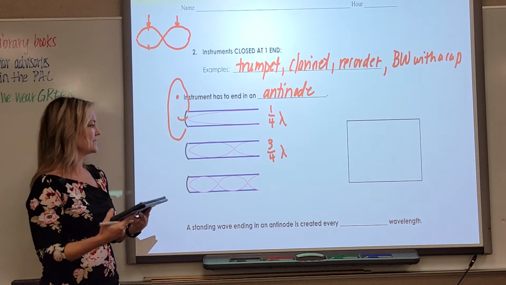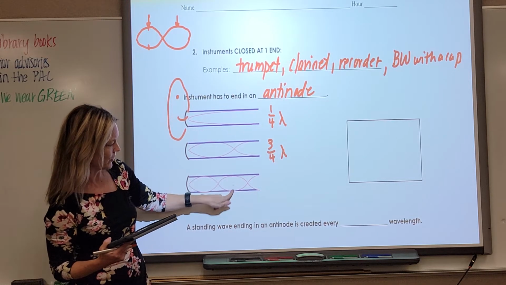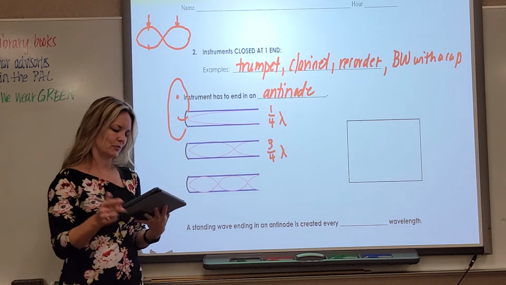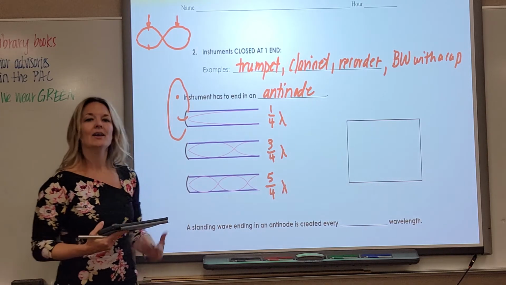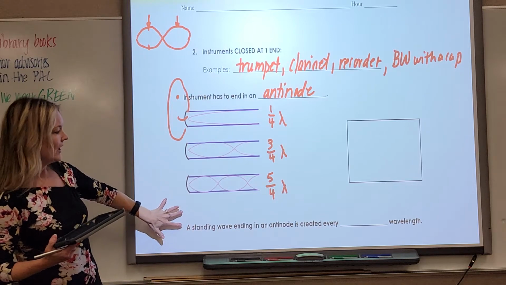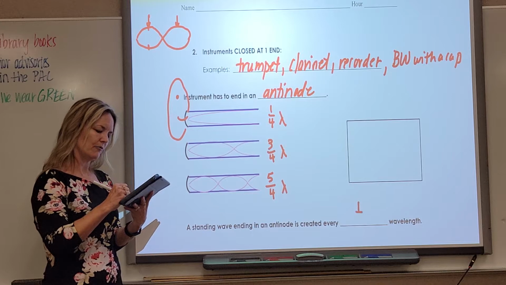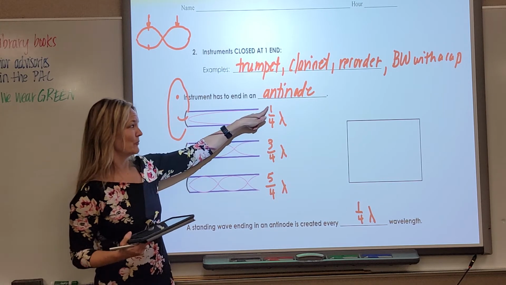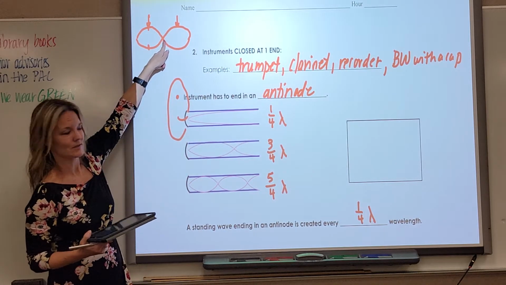And then if we were to continue this out, here was 3/4, here's one wavelength, 1 1/4, which would be 5/4 of a wavelength. Notice a standing wave ending in an antinode is created every 1/4 of a wavelength, but not every 1/4, because 2/4 would be 1/2, that's a node.